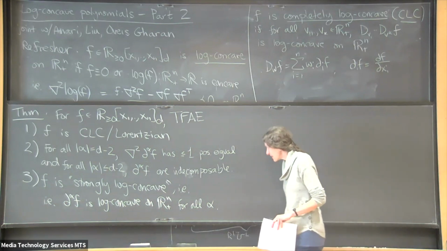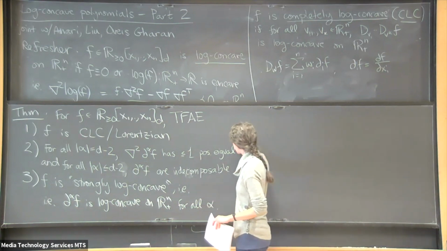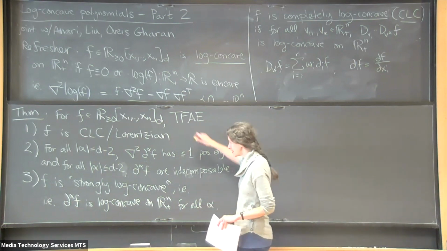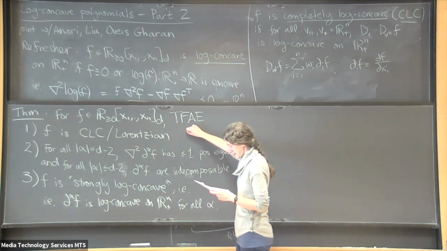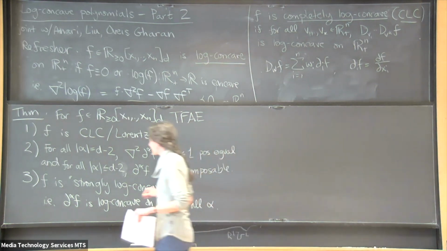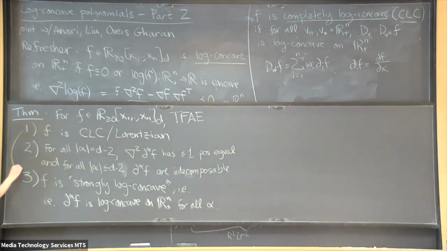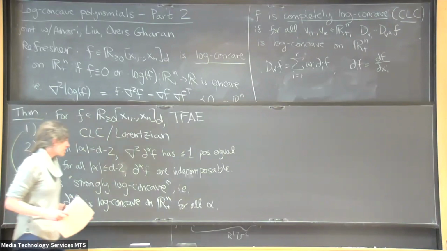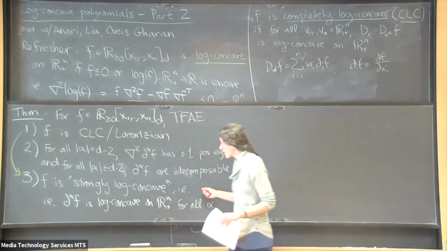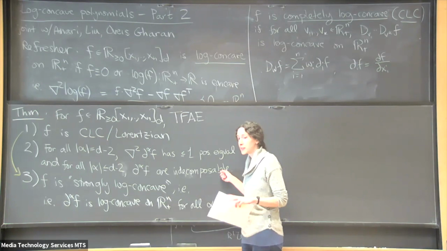No, that's actually, so last time we said these two were equivalent, and it's not hard to see that this is true, right? If I'm allowed to take all directional derivatives, then I can take the coordinate ones. But in fact, we saw last time that if you have a log-concave polynomial, then it is indecomposable.